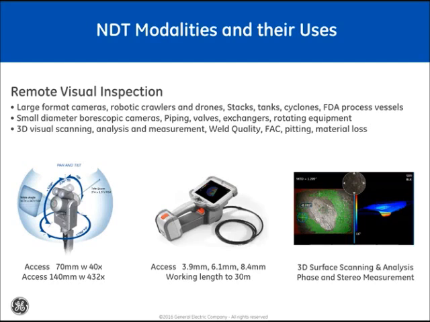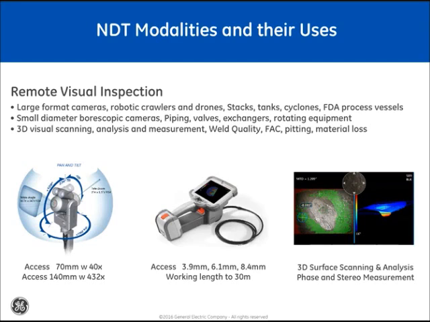When you're using a video borescope, you can also use 3D surface scanning and analysis, that's what's being shown on the bottom right, to increase the probability of detection while you're also improving the precision and accuracy of measurement results. You know, a lot of people often think about remote visual as simply giving you a great picture or a good video.